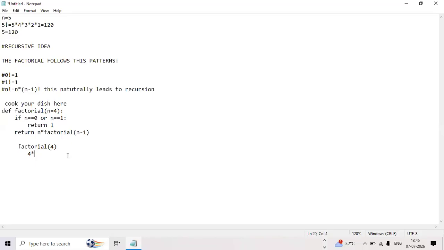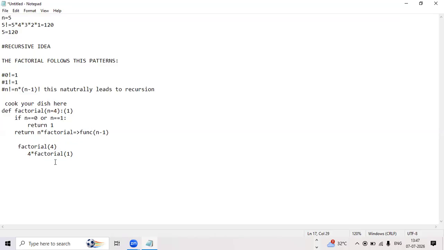Then again I have to multiply recursively, so I have to call that function again. For example, if this is line 1 of my code, I'm calling this line 1 of my code again, that is, the function. What does this factorial demonstrate? It demonstrates that it is a function.